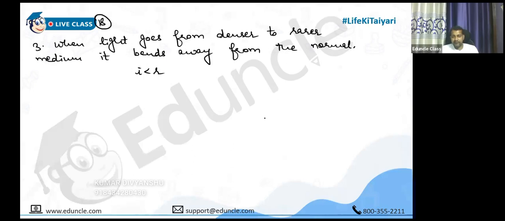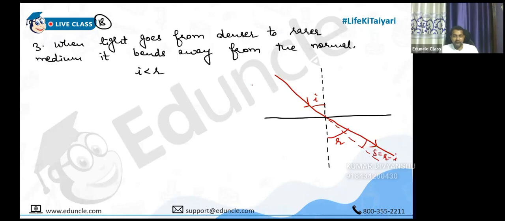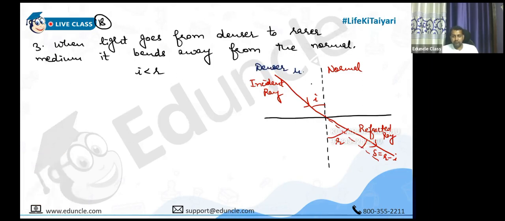In this case I will be less than R. So in this case, deviation is given by R minus I. Is it clear?